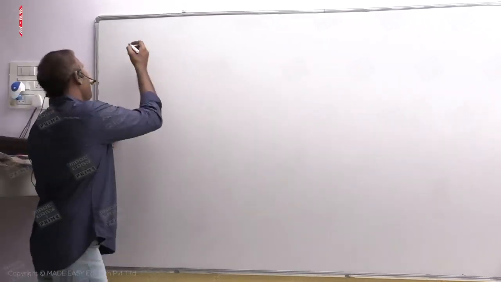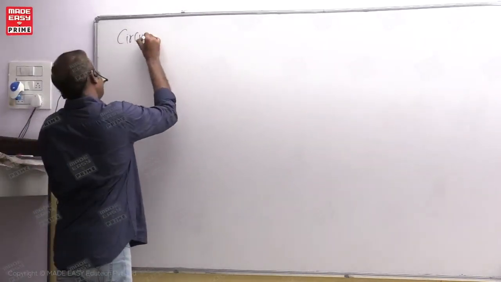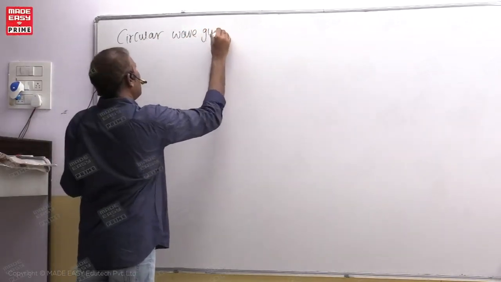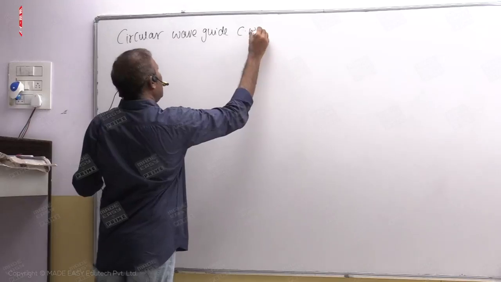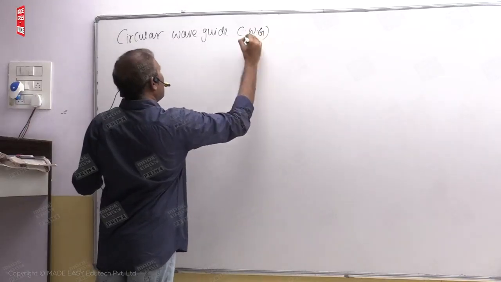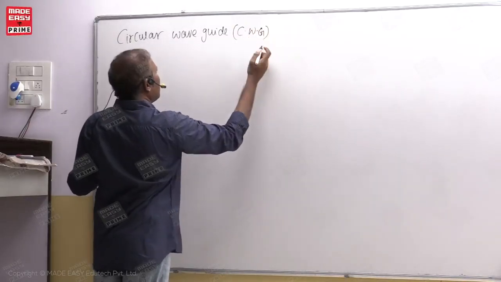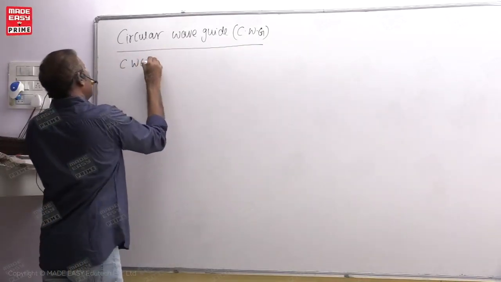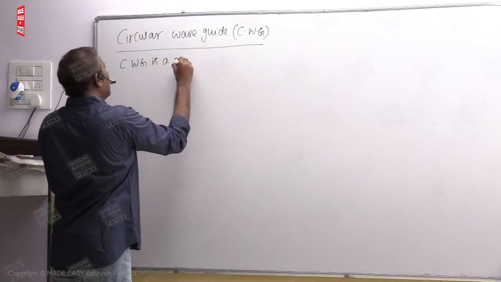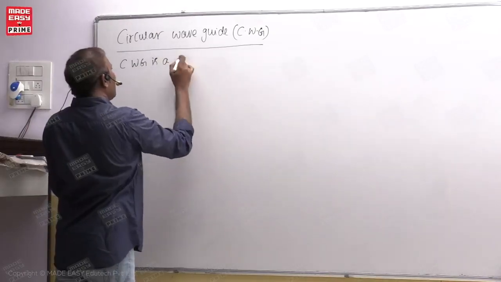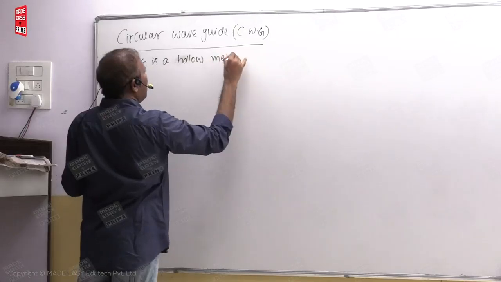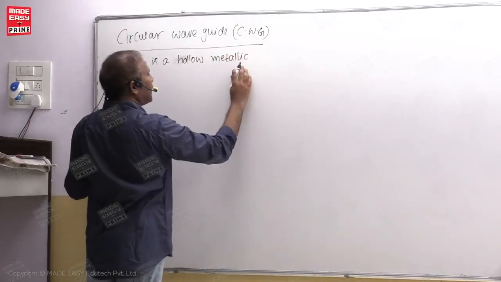So students, circular waveguide, CWG, circular waveguide is a hollow metallic pipe, that means conductor, a very good conductor.